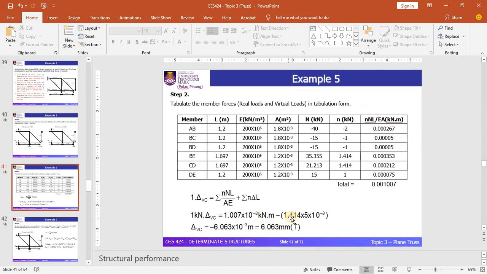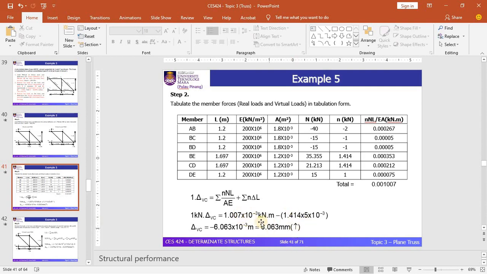Simplifying this, you can see that the vertical displacement at the joint C is equal to 6.063 mm upwards. The value is negative, and here you can see that the arrow is upwards. Again, this truss structure is governed by the shortening effect instead of the load effect.